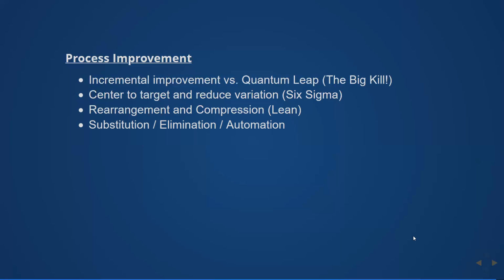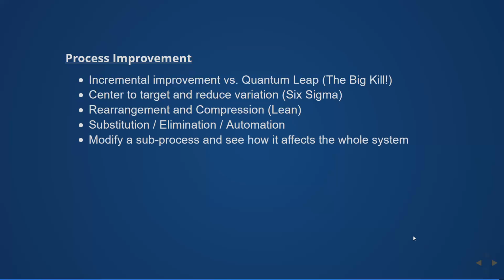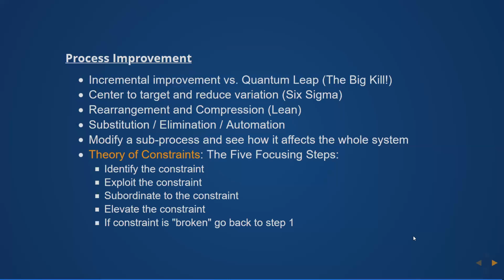Those are some of the ways you do lean. And a lot of times, if you have a larger process, you will find one part of it, improve that, and then see how the whole system changes.